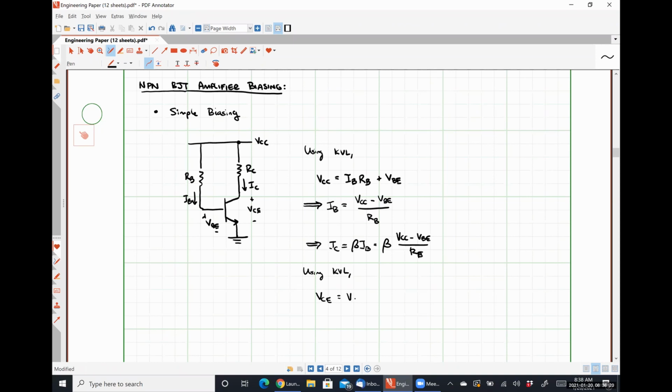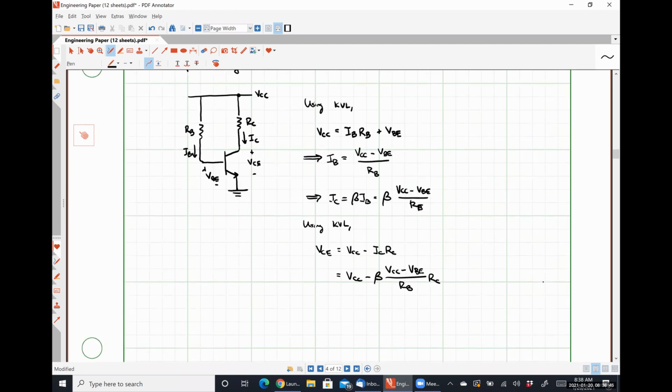is simply VCC minus IC RC, and then substituting in, we get VCC minus beta times (VCC minus VBE) divided by RB, times RC.